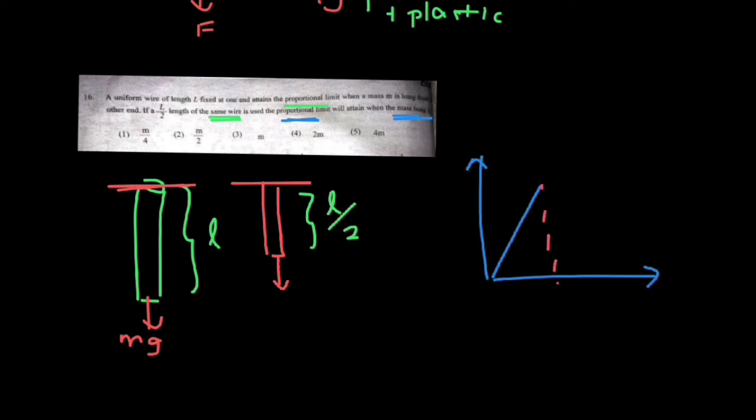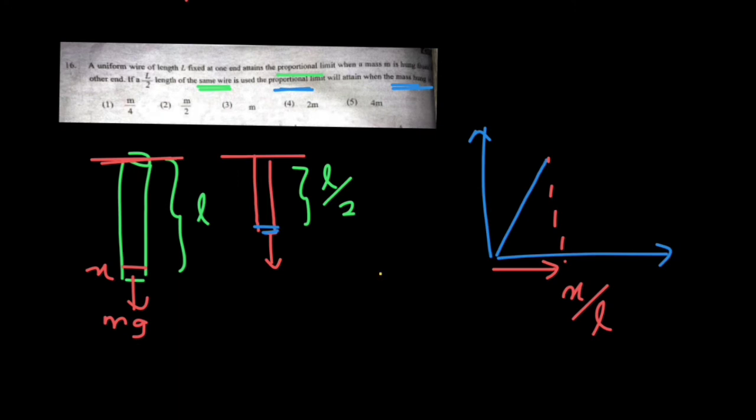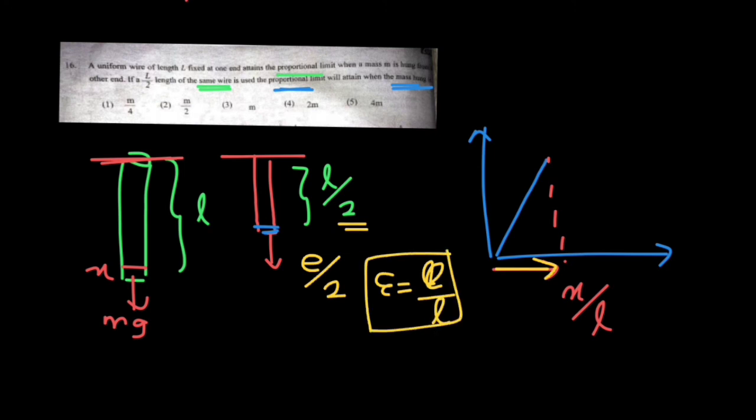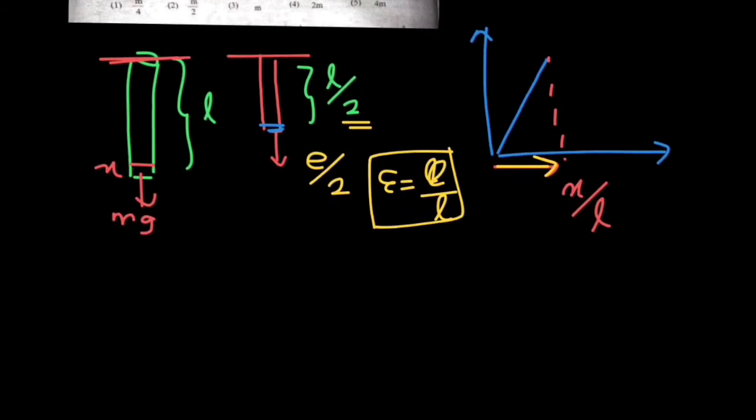To attain the proportional limit, the maximum strain that won't have a permanent deformation, we could find it as x over L. As we have discussed previously, when the length is decreased to L by 2, to have the same strain, the extension required is E by 2. Therefore, the maximum strain is E over L. Now, to attain this strain, let's find what is the required stress.